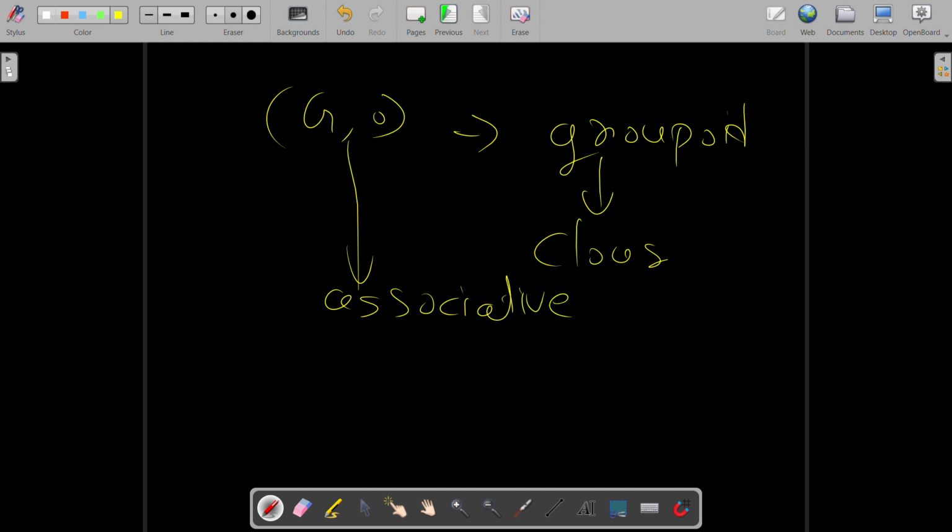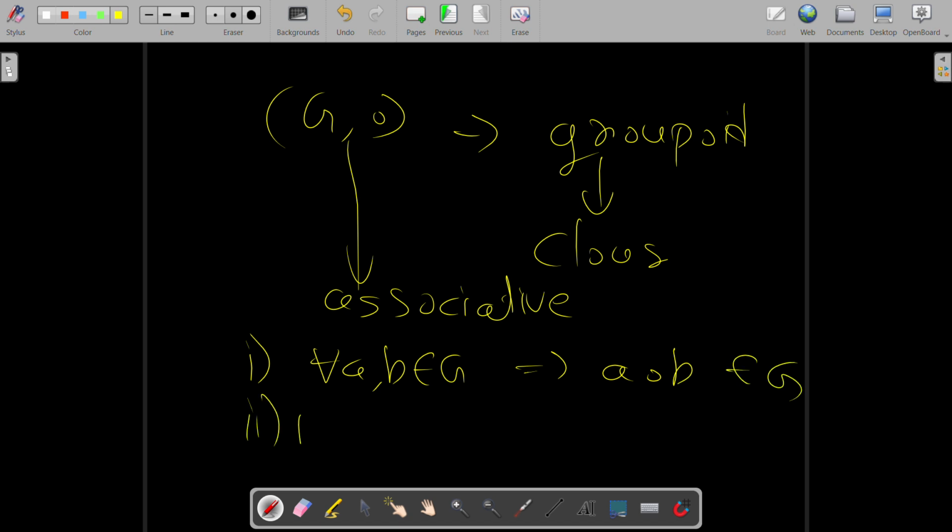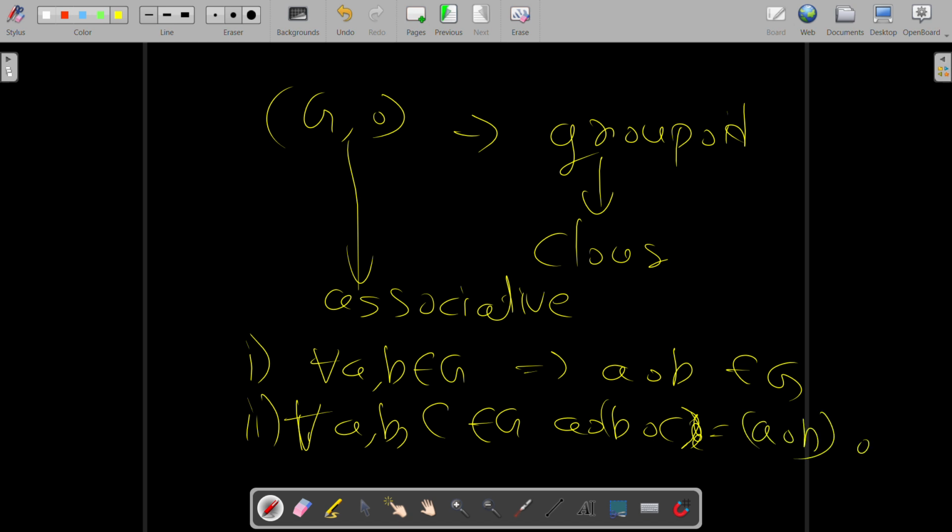This algebraic structure follows these two properties: for all a, b belongs to G implies a ∘ b belongs to G, and for all a, b, c belongs to G, a ∘ (b ∘ c) equals (a ∘ b) ∘ c.